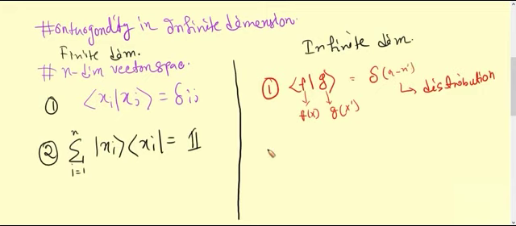And the second thing we want to see is how this completeness relationship looks, right? So the way to see this completeness relationship is the following. Let's say you have some coordinate basis.